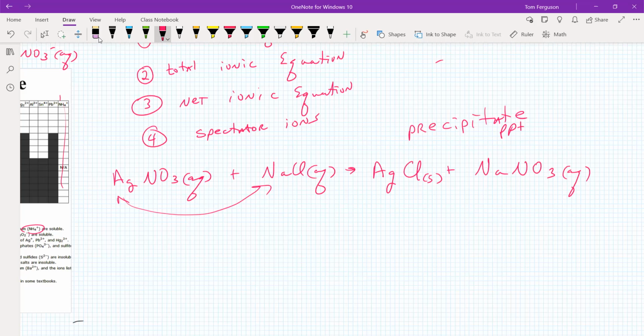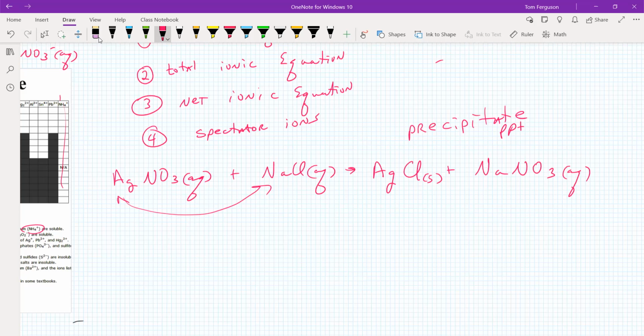It's S for solid. But technically, it's a precipitate. Okay, so that's the molecular equation. So we haven't split anything up into individual ions yet. Okay, so the first equation out of the chute is going to be the molecular equation.